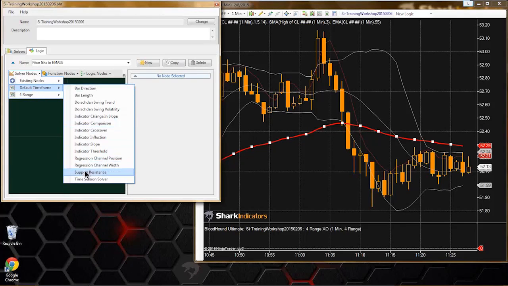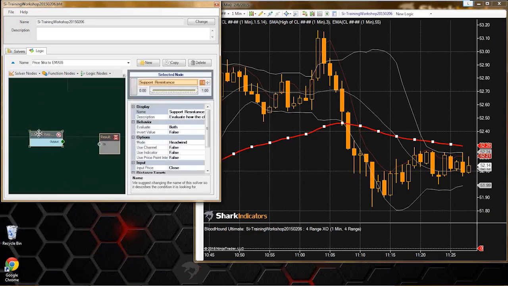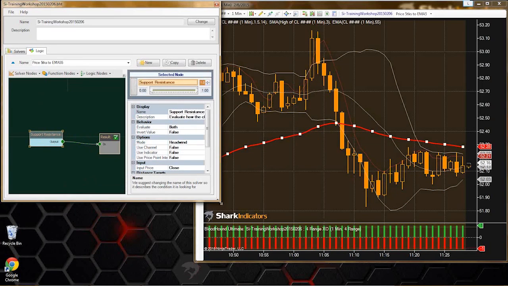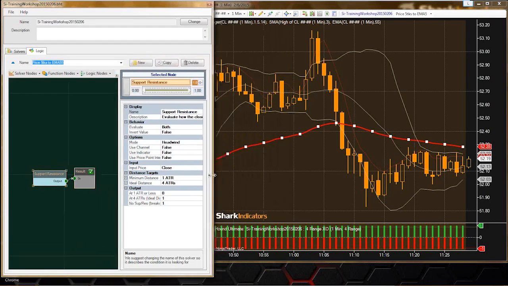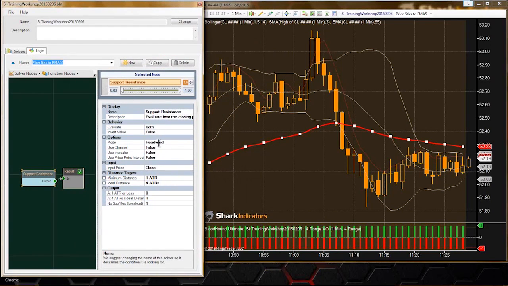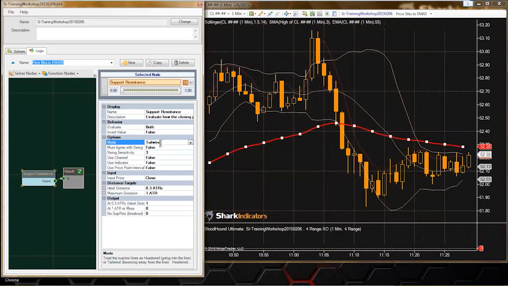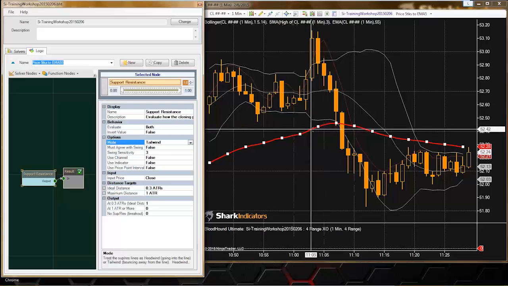Let's grab a support and resistance solver. Alright, so we're using Tailwind, and Tailwind essentially, I guess the easy way to think of that is it's looking for price possibly bouncing off of your support resistance, right?